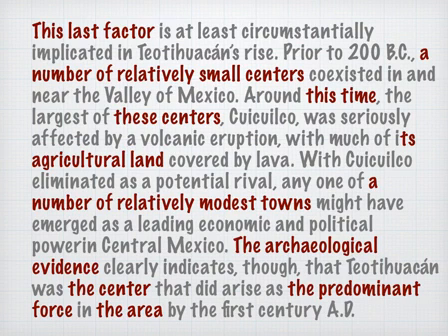It doesn't need to go into depth explaining what these ideas are. The area, the predominant force, the archaeological evidence has all been discussed before. Around this time, the small centers that coexisted in and near the Valley of Mexico, these things have all come up in the paragraphs previous to this one.